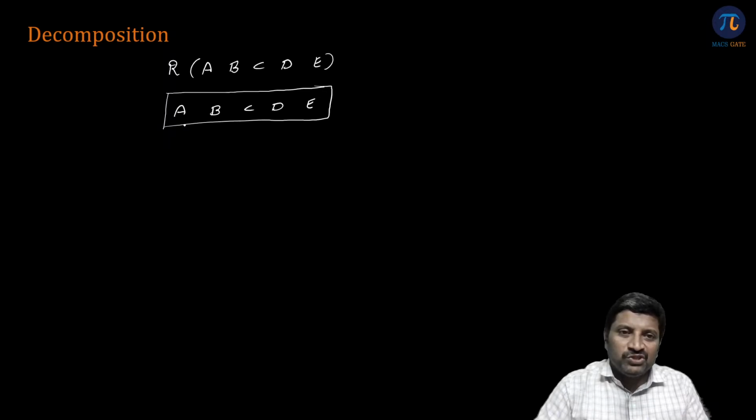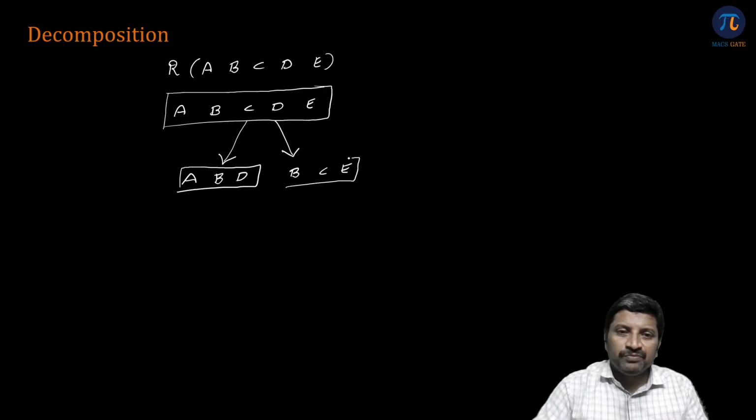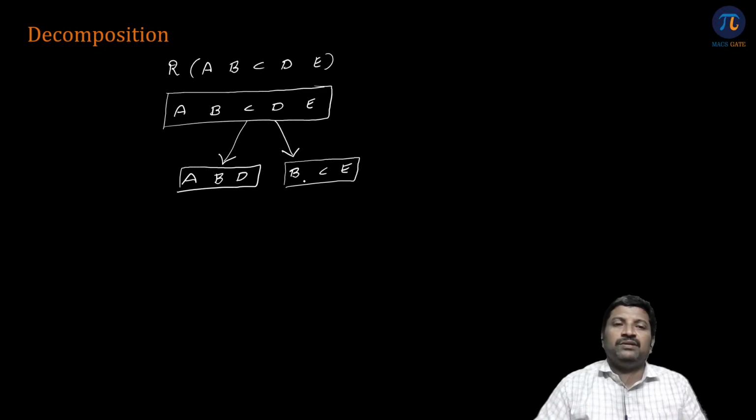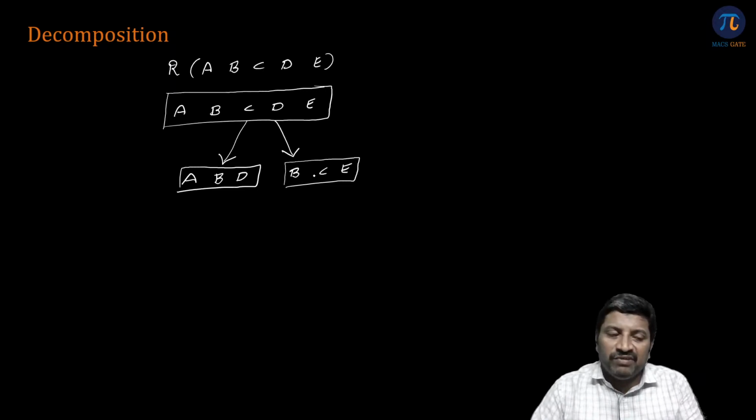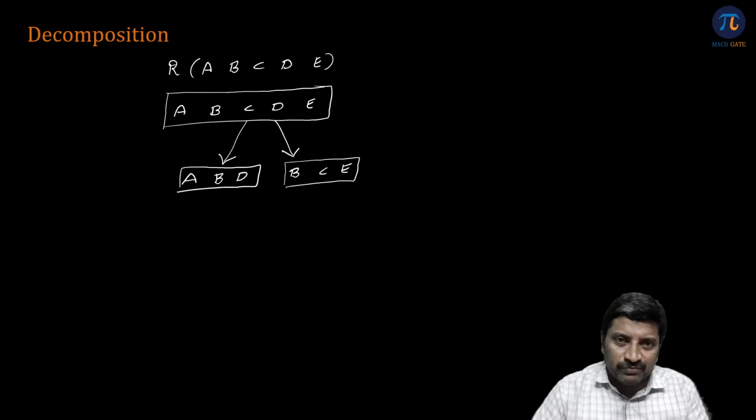Now, this table may be divided into two tables or three tables, depending on the requirement. Suppose I divided A, B, D, and the second table is B, C, E. So this is my first table and this is my second table. So we divided the given relation into two tables.